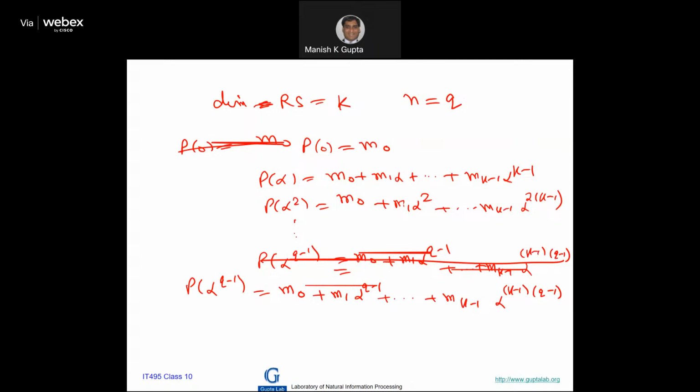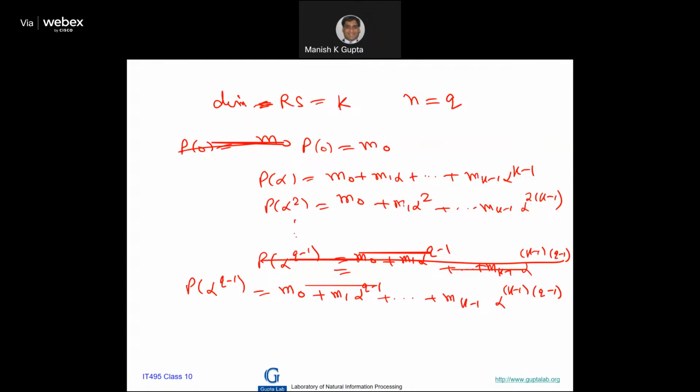So how many equations are there? We are getting a system of equations, right? How many equations are there? Q equations are there, and obviously there are K message symbols, right? Now, there is one very beautiful matrix.